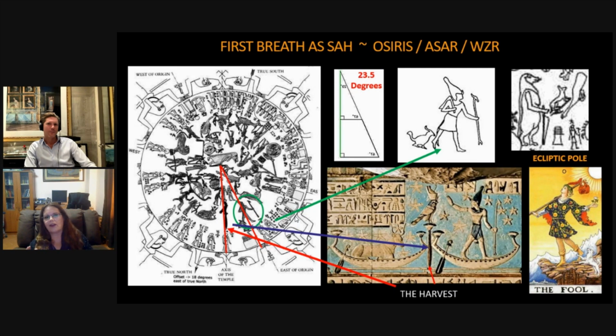And as he takes that step on the Dendera Zodiac on the left, he takes a 23.5 degree angle, right? And what is that telling us? We know that the axis of the Earth is tilted around 23.5 degrees. And we're going to see this theme as we study the symbolism throughout the series. This is going to pop up over and over and over again, as it does in cultures all over the world.